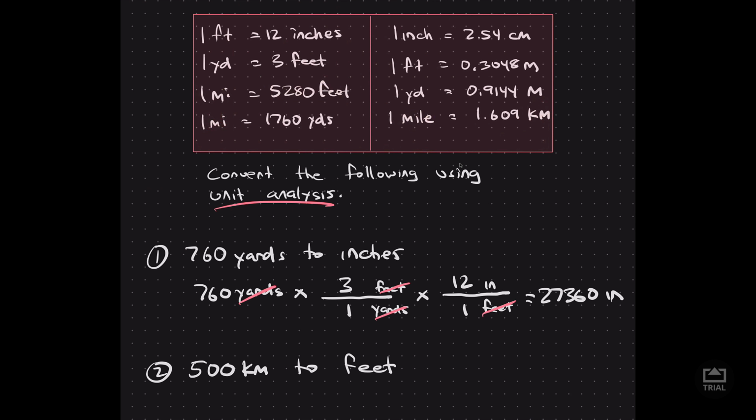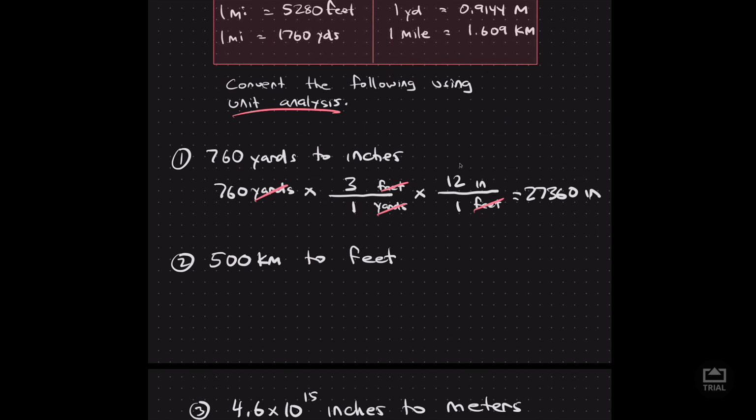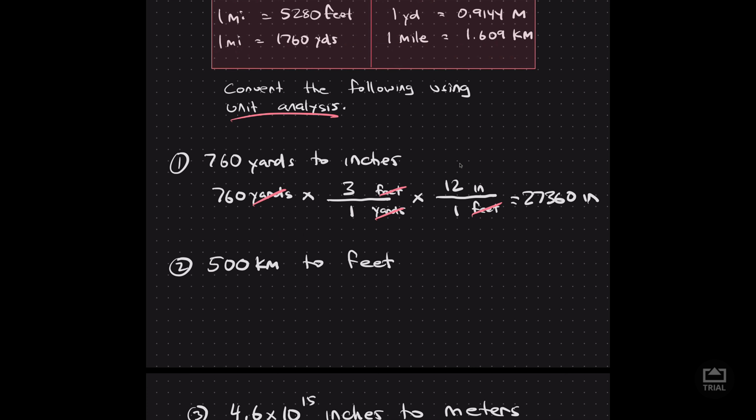Okay, so let's just lay this out. It's going to be 500 kilometers times, well, what do I want? I want kilometers on the bottom, and like I said, we're going to miles. What does it say? It tells me that 1 mile is 1.609 kilometers.